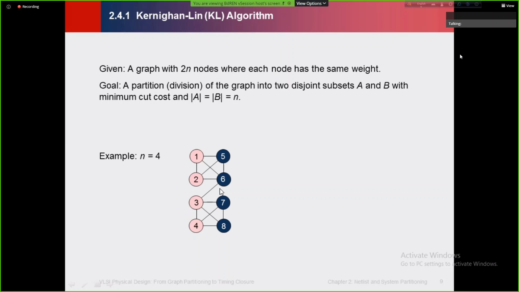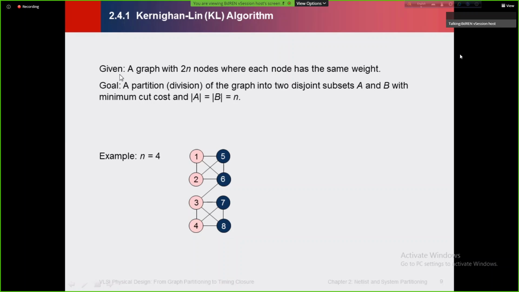Those are the connections. We call them edges, and the nodes are called vertices. That's in the case of a graph. If we consider this a graph, this will be 1, 2, 3, 4, up to 8, so 8 vertices, and all those lines are called edges or connection lines.